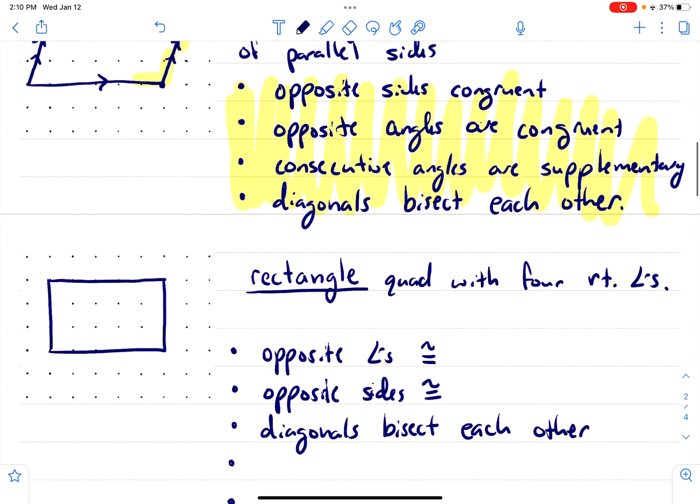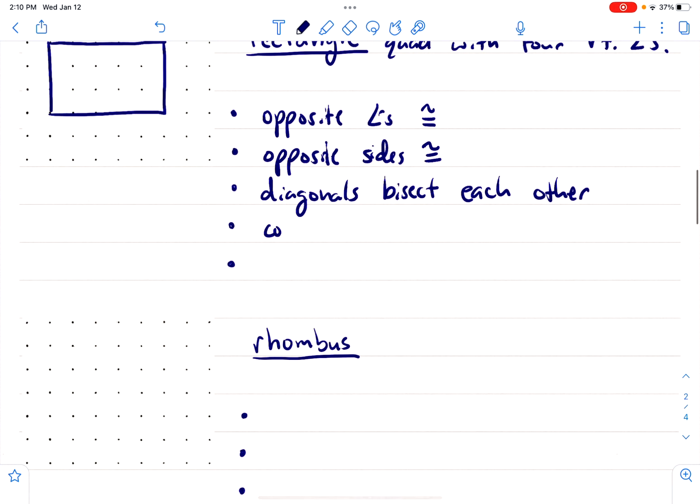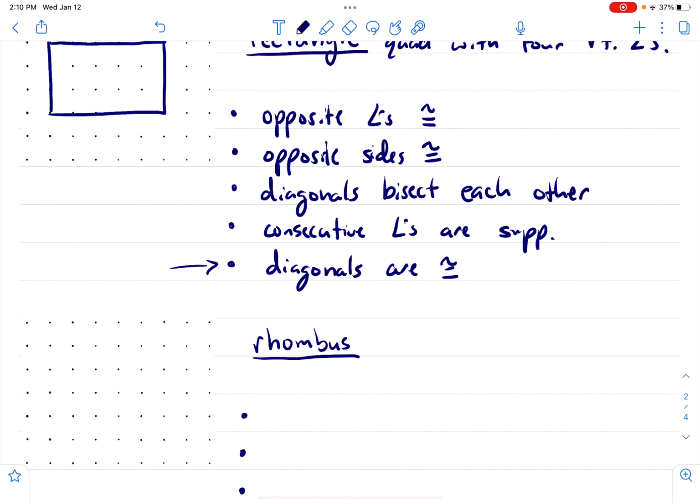Got to have diagonals bisect each other, and then consecutive angles are supplementary. Okay, now we got this one last thing that only rectangle has, or so far only rectangle has, and that is that the diagonals are congruent. Okay, good. Moving on.